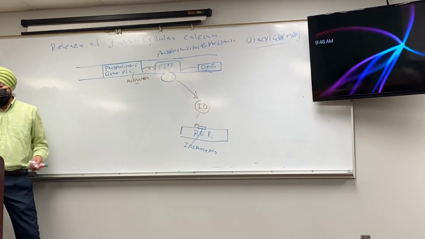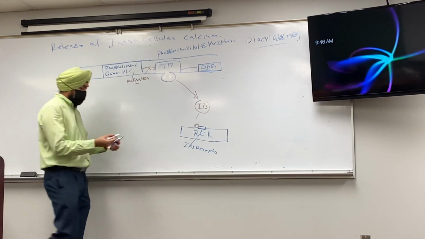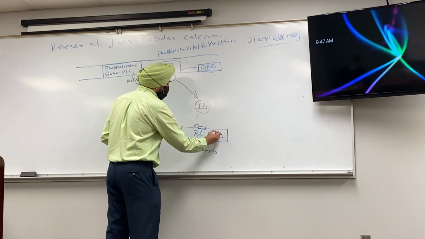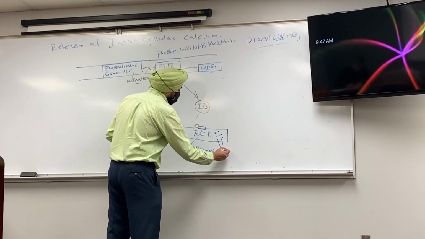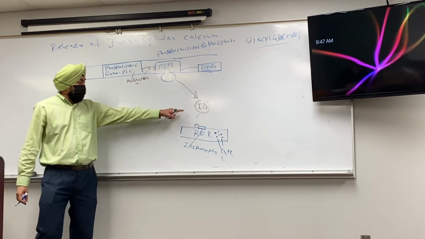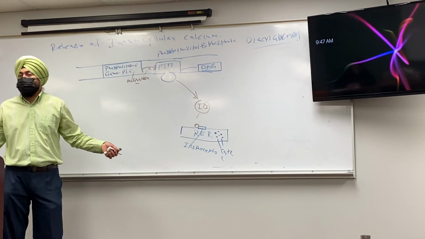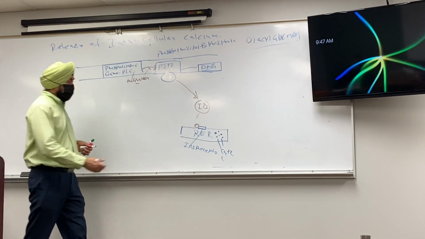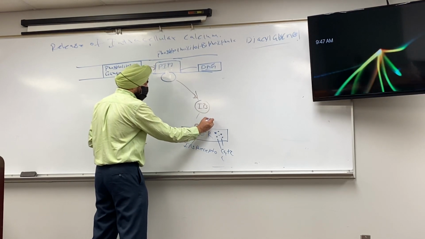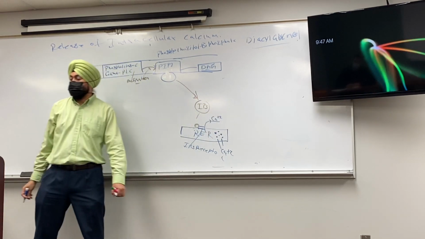And in the cell, the endoplasmic reticulum is the storage of calcium. So all these are the calcium ions there in the ER. So once IP3 binds here, that opens the IP3 channels, and that causes release of calcium. So calcium is now in the cytoplasm.